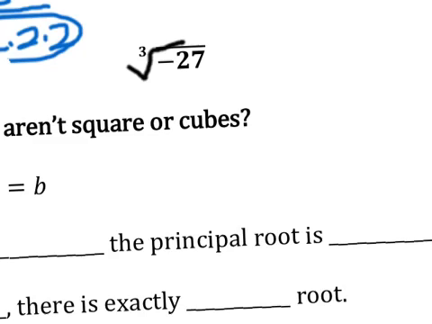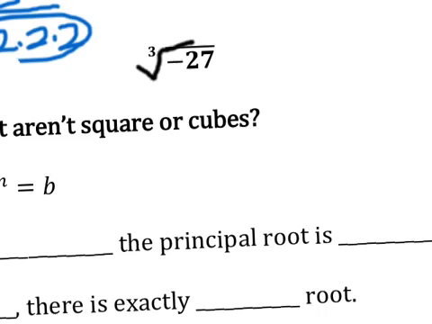Okay, let's look at the cube root of negative 27. The only way to get a negative number when multiplying three identical numbers is to have a negative number. So we're going to multiply three negative numbers together. Let's start with negative 3 times 9.